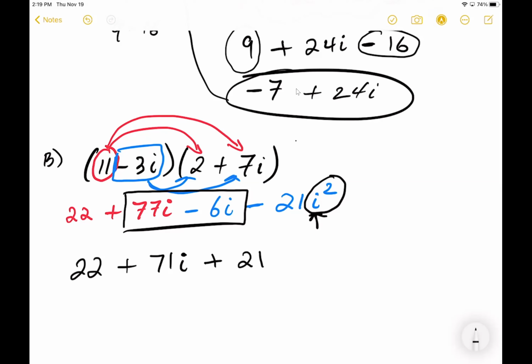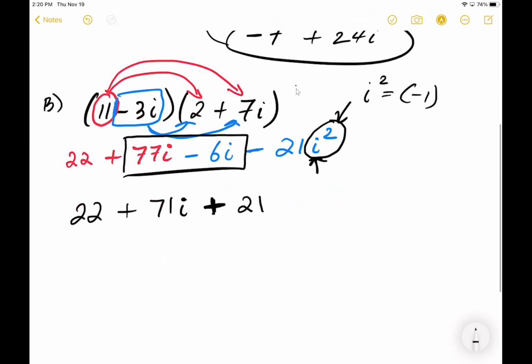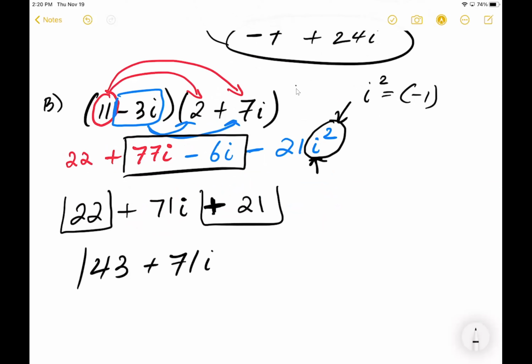Like I mentioned to you guys, every time you see i squared, you need to substitute that with the negative 1. Negative times a negative becomes a positive. That's why I have a positive 21 here. Now, to finish this up, we know these are my like terms: 22 added to 21 gives me 43 plus 71i. And that simplified is my answer.